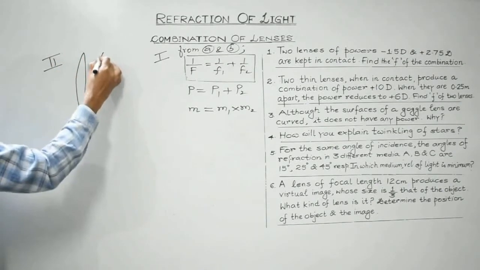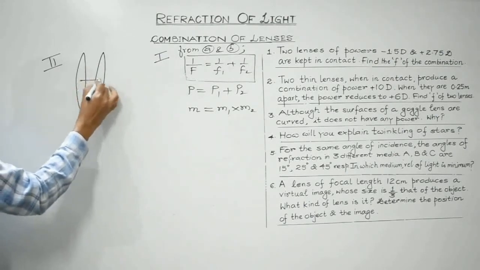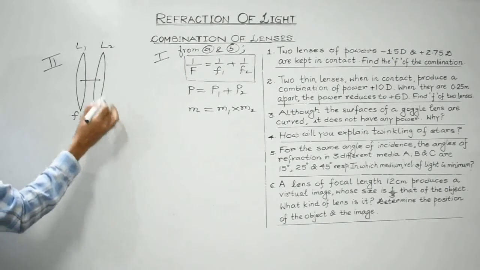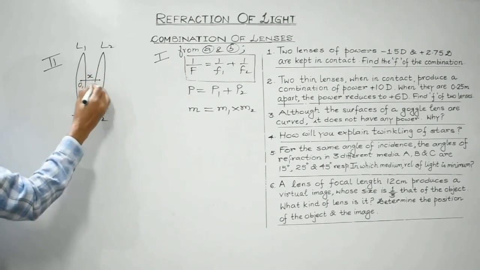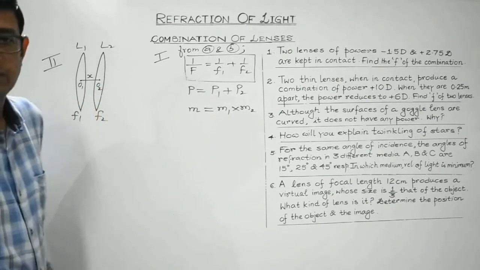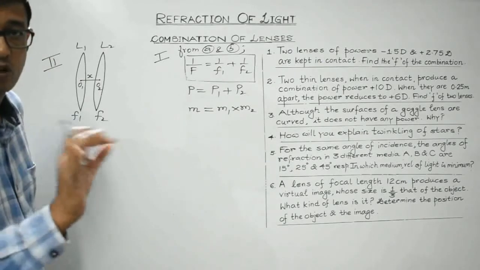If the two lenses are not in contact, but there is a small distance between them. Suppose these are the two lenses L1 and L2, its focal length is F1, its focal length is F2, with a small separation X between these two. In this case, I will not prove it because it's beyond the scope of your curriculum, so I'll restrict myself to the formula only.